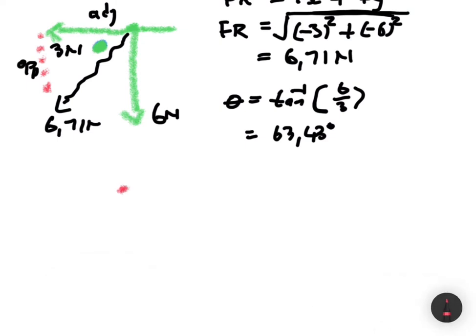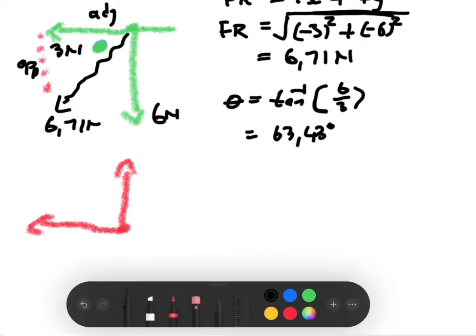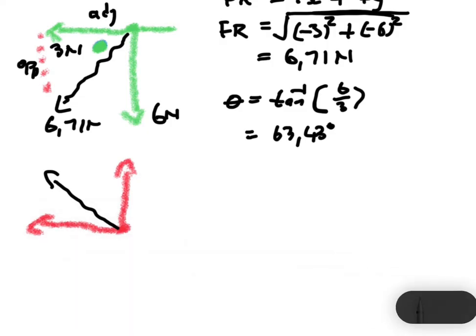So what if we start here at our tail, and then we have one vector pointing up and another vector pointing in this direction? If we have something like that, our resultant is going to be somewhere here. So how are we going to find the angle when the situation is like that? That's exactly where I want us to go. Let's say this is 10 newtons and this is 8 newtons, right?